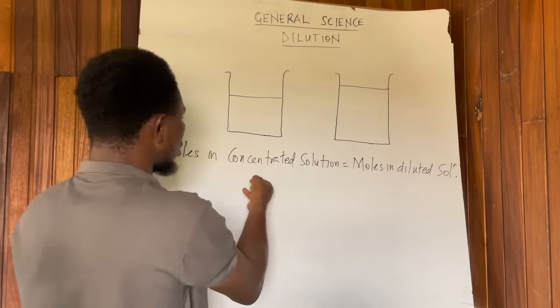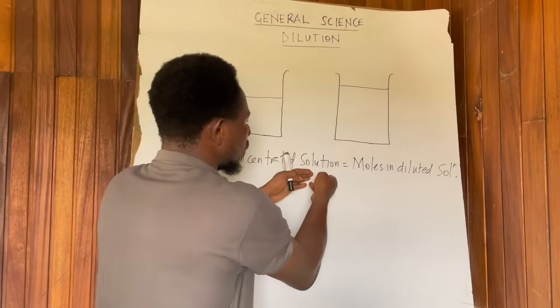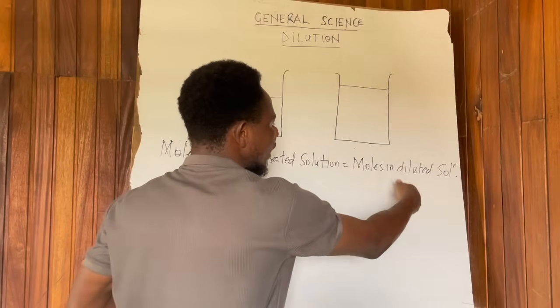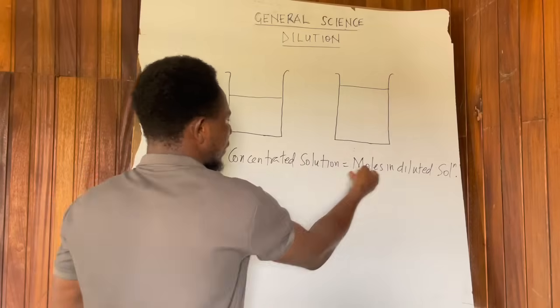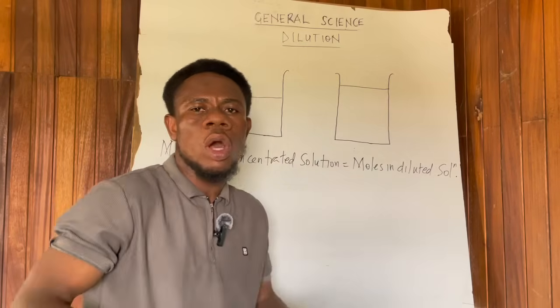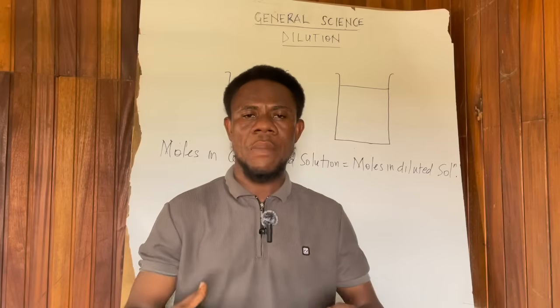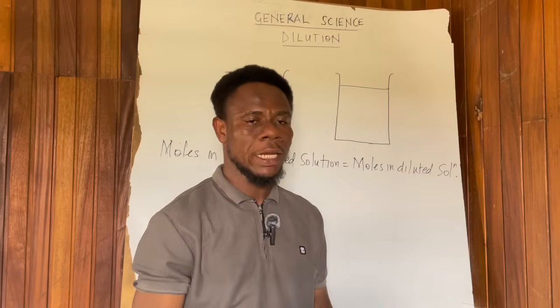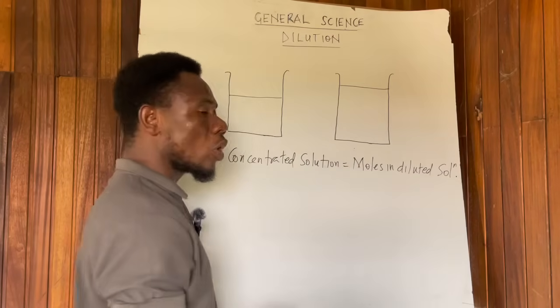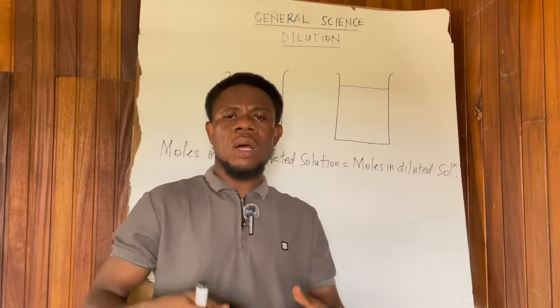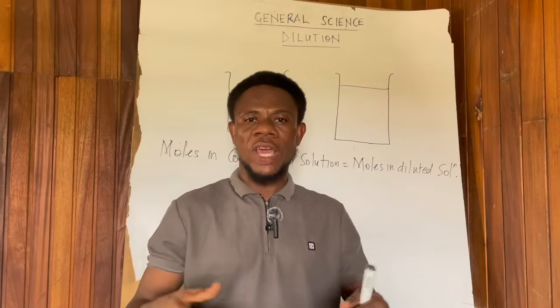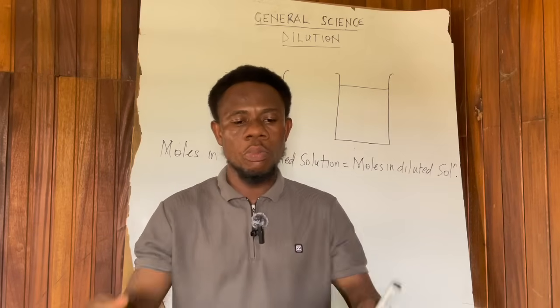So the moles in concentrated solution is equal to moles in diluted solution because it remains the same. Our number of moles, or our amount of substance, which is N, remains the same. Don't forget, amount of substance has the symbol N and is measured in moles.